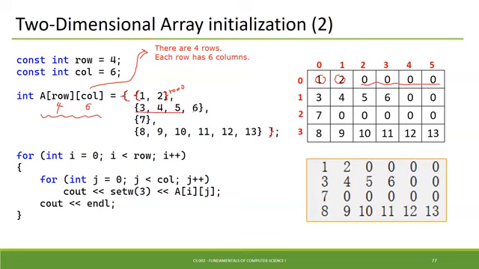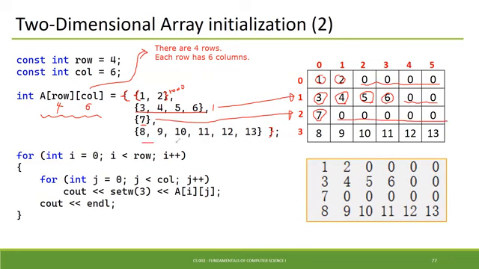This is the same. This is row 1, so this will be saved at row 1. There are 4 numbers, so 3, 4, 5, 6 are saved, and the remaining cells will be filled with 0. There is only 1 data, 7, stored, and all the rest will be filled with 0.